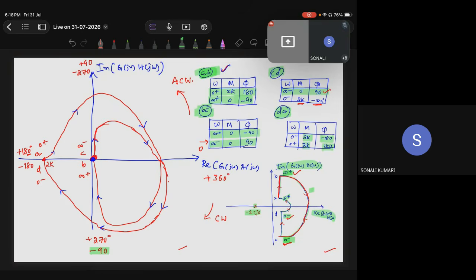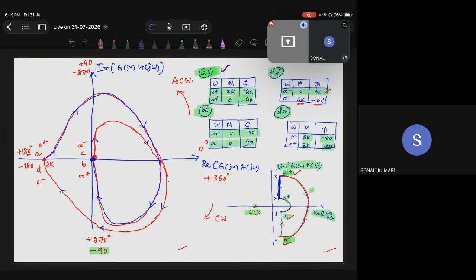Now you can observe this closely. AB is a straight line in the model image. Here, that is this one. It goes like this.